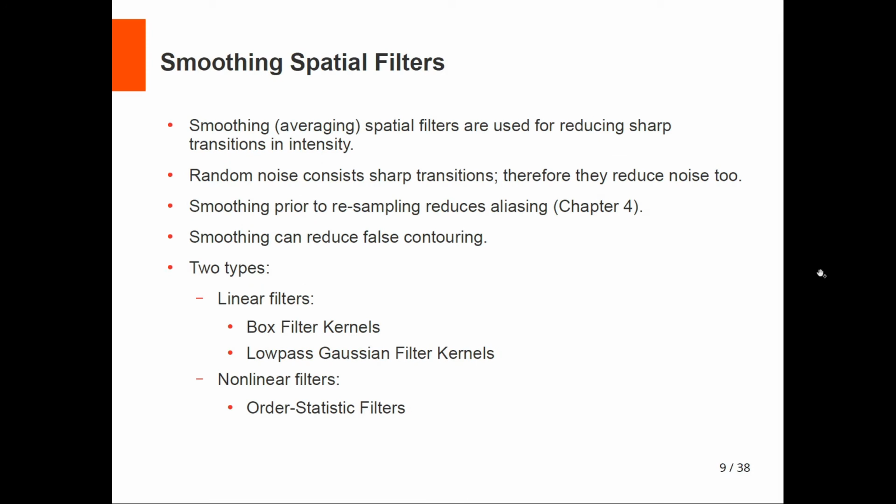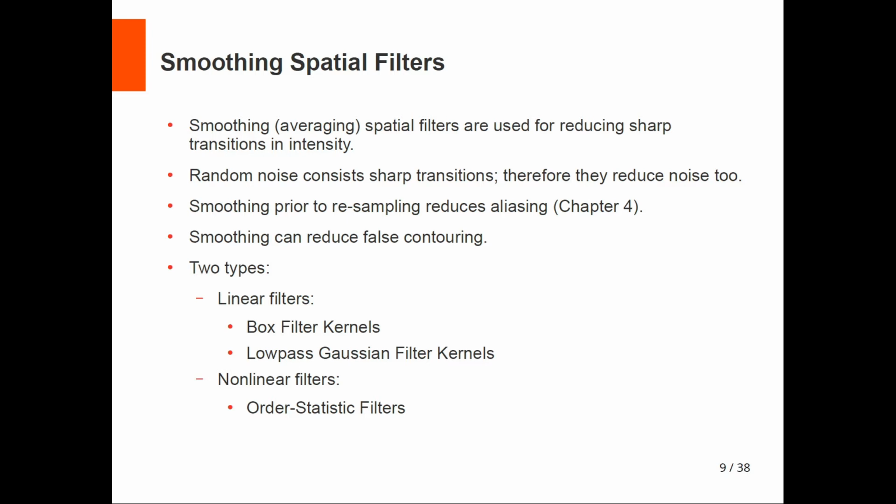Now that we had a quick overview of what we discussed last time, let's start talking about the spatial filters. The first spatial filter that I want to introduce is the smoothing or averaging spatial filter, which is used for reducing sharp transitions in intensity of the images.